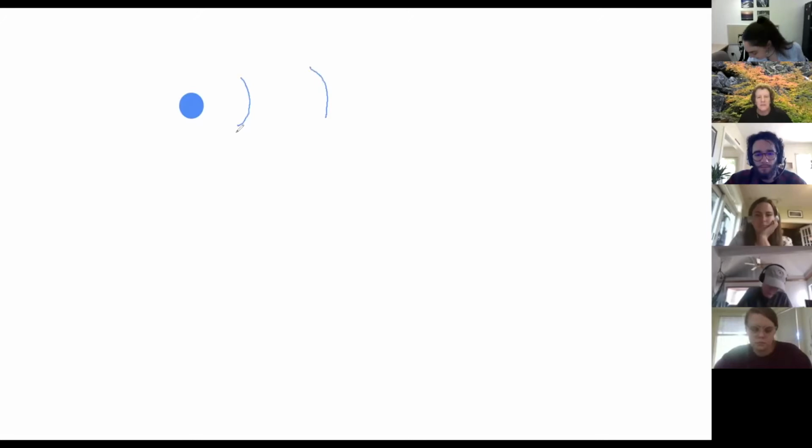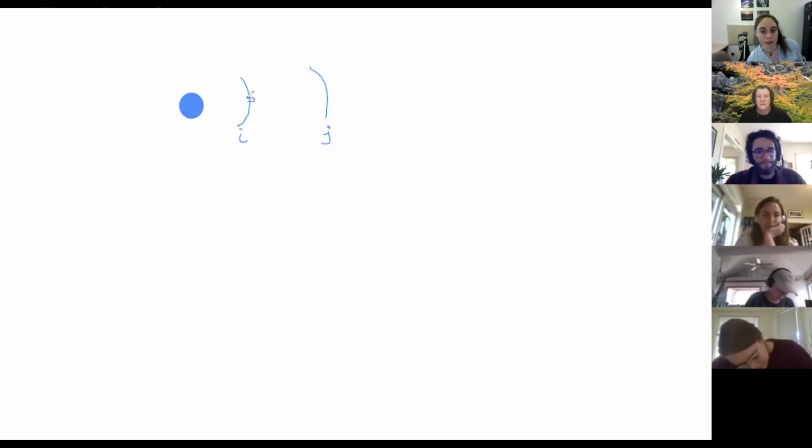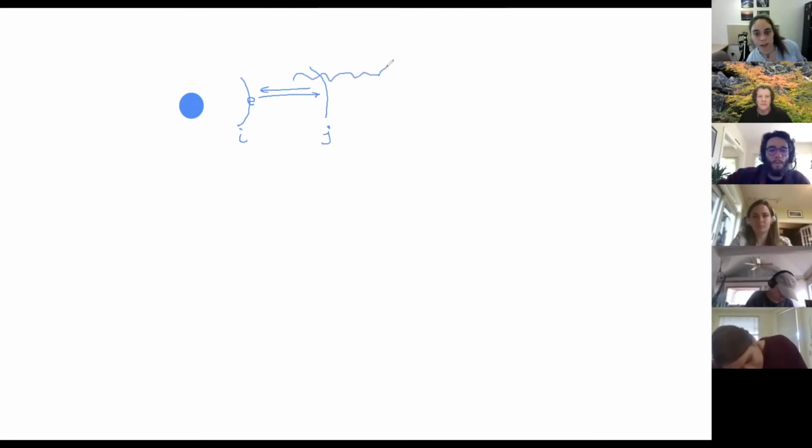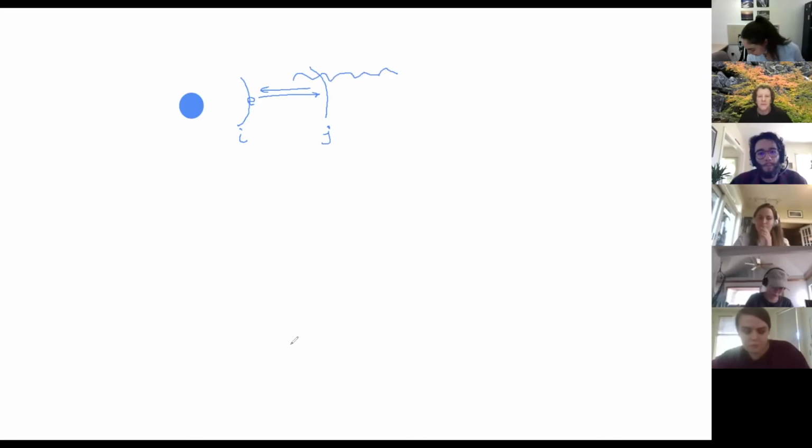I'm going to call this energy level I and energy level J. As electrons bounce between these energy levels, we would expect to see light radiated out in an emission line. So that's my beautiful model, doing my best to draw with a mouse.